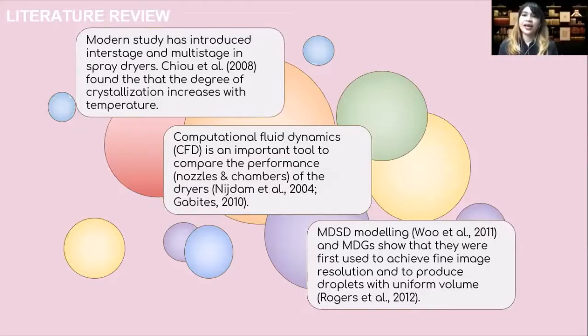Third, MDSD modeling and MDGs, which was discovered by Wu et al. 2011, in which MDSD means monodispersed spray system and MDG means monodispersed generators. They were first used in printing, and it is used to produce droplets with uniform volume.